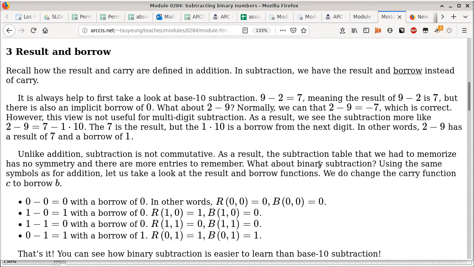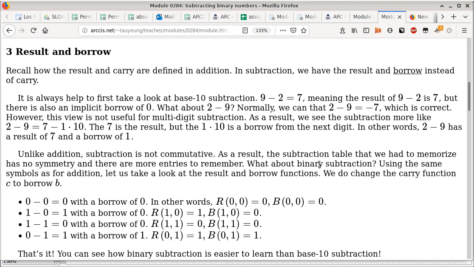Go ahead. Not understanding? I understand the analogy. I think, well, 2 minus 9 in that example is 3, so how do we get the 7?